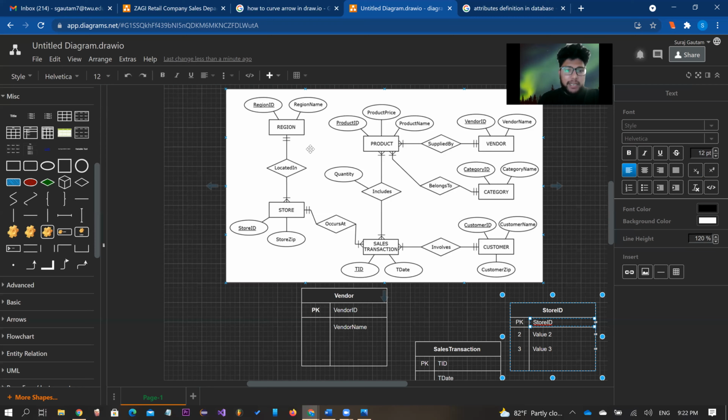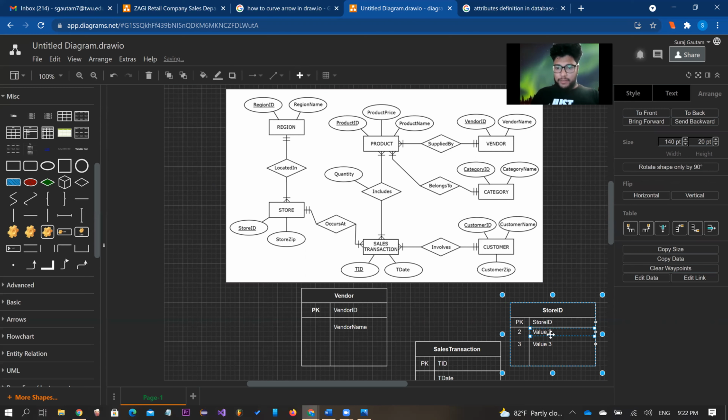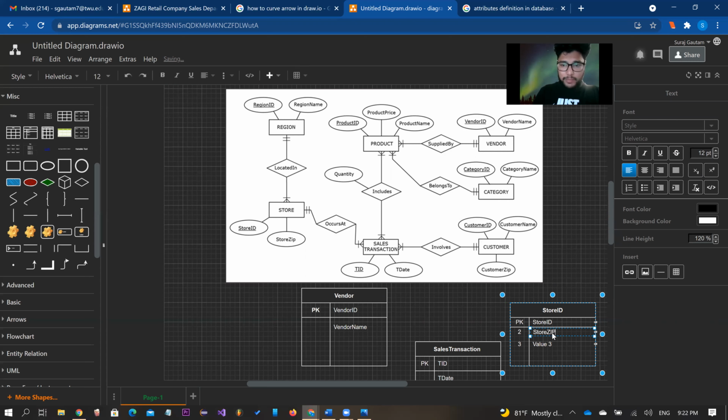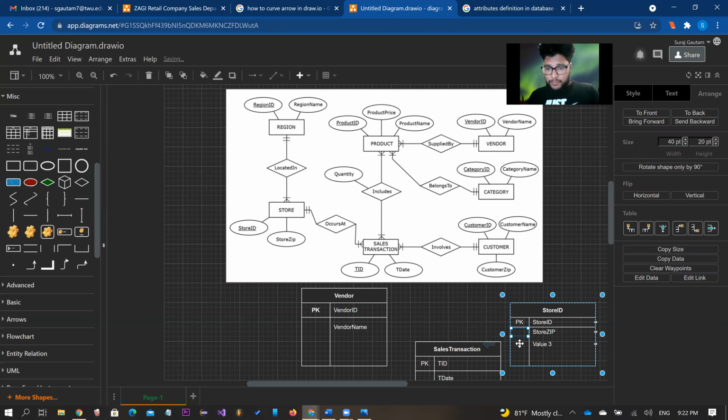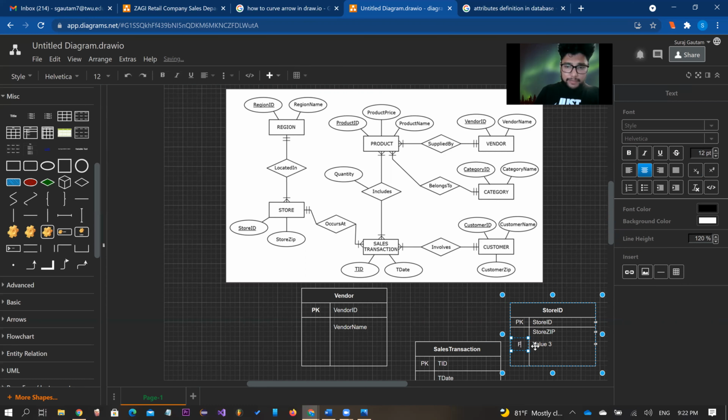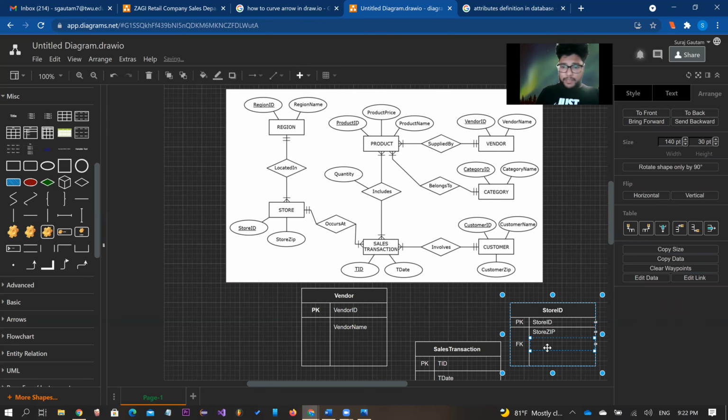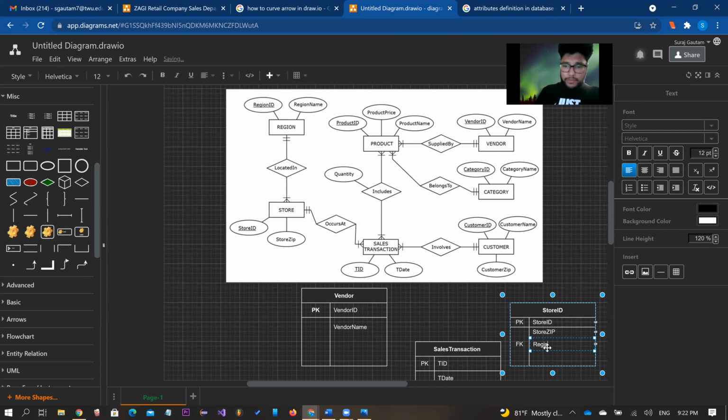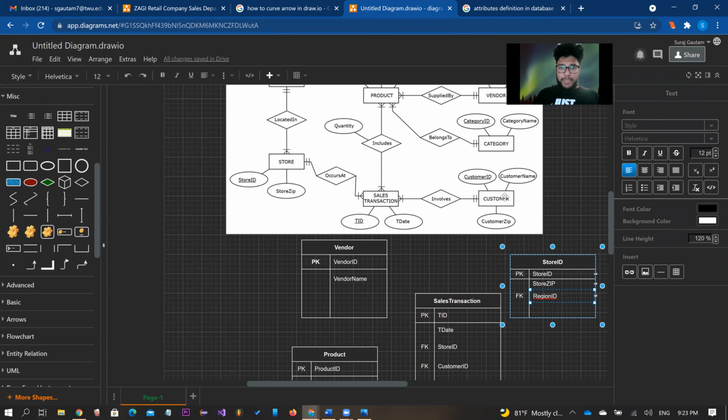A store might be inside a region, but a region has so many different stores. So from store to region is a one to many relation, and from region to store is one to many. And on this we have store zip code.